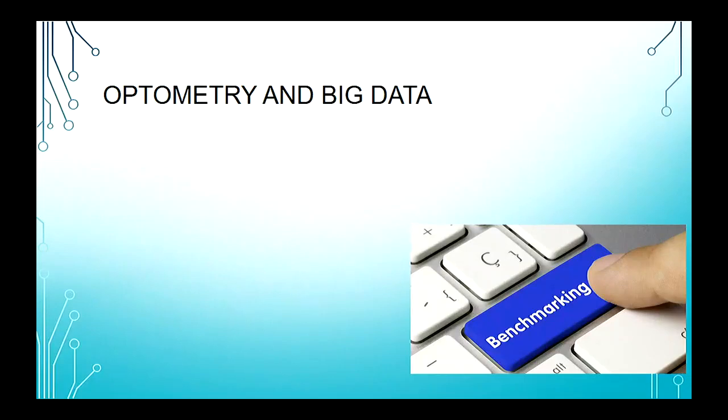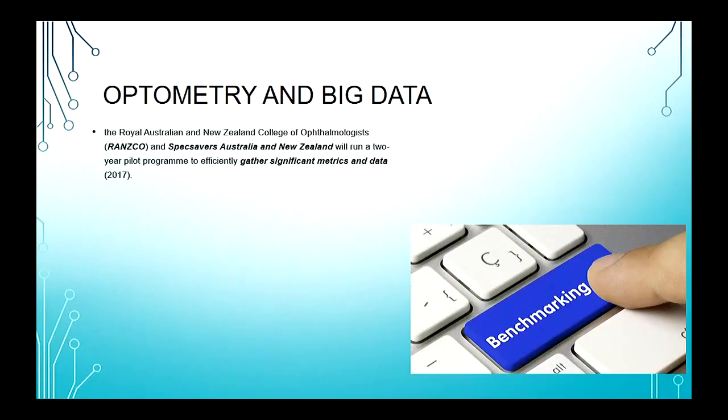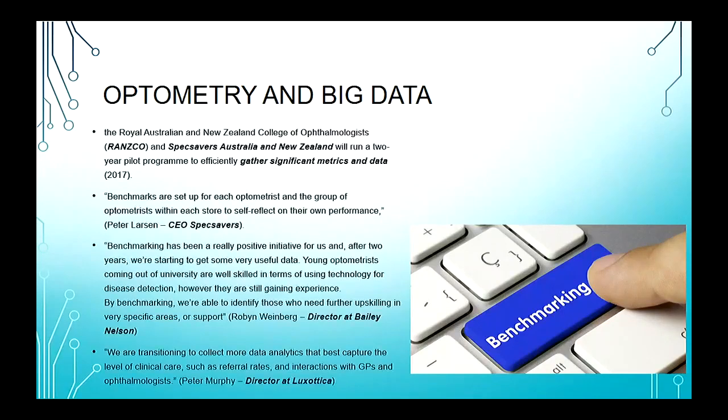Another part of AI that is still a work in progress is called benchmarking. Benchmarking has been around forever. It's essentially assessing the performance of a certain clinician, but it could be anybody, against everybody else. I've got these quotes from different CEOs and heads of companies in optometry, like Specsavers, Bailey and Nelson, and essentially all of these quotes are saying that benchmarking is happening in optometry in New Zealand.